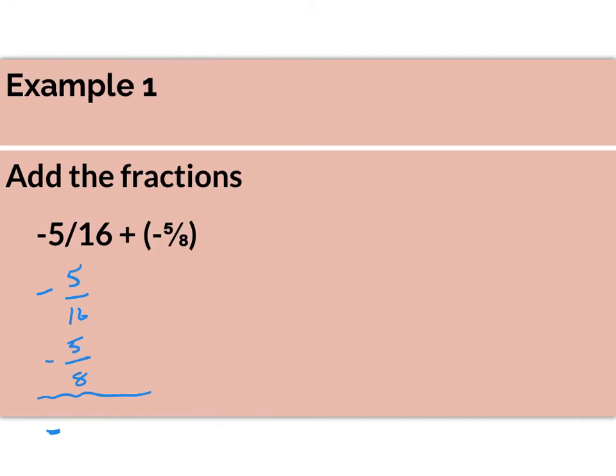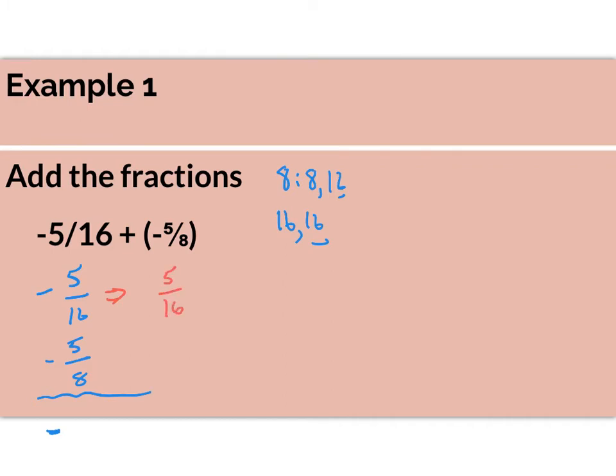All right, so running through our 8s, we've got 8 and 16. And 16, we have 16. So 16 is our lowest common denominator. We don't need to do anything with 5/16. We're just going to bring that over as 5 over 16.